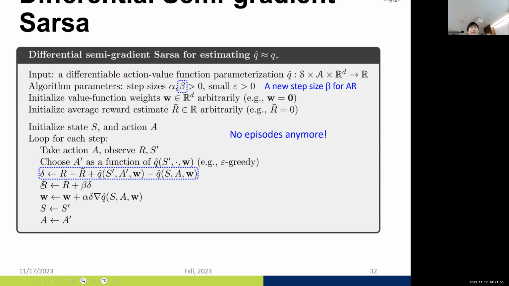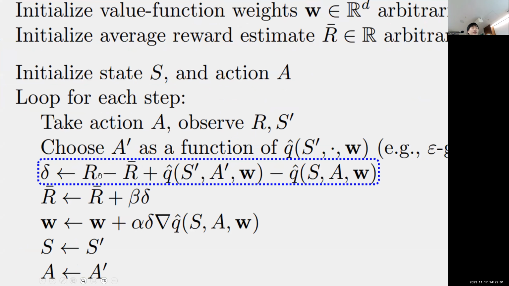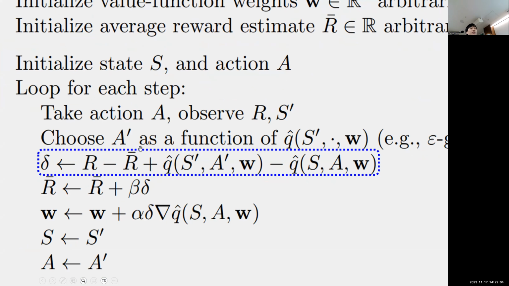With this setting, now we can update. Previously, when we updated this return, there was no R bar part. Now we are using R minus R bar, the differential reward, plus the new state-action value minus the previous action value. This is delta, right?